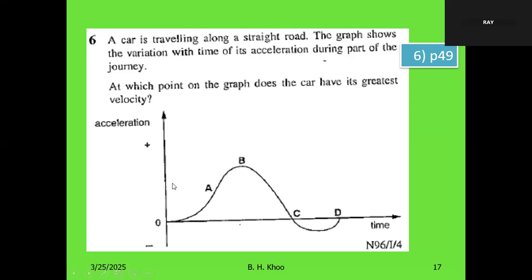This one students always have a problem with. A car is traveling along a straight road. The graph shows the variation with time of its acceleration during part of the journey. At which point on the graph does the car have its greatest velocity? Greatest velocity, highest acceleration.